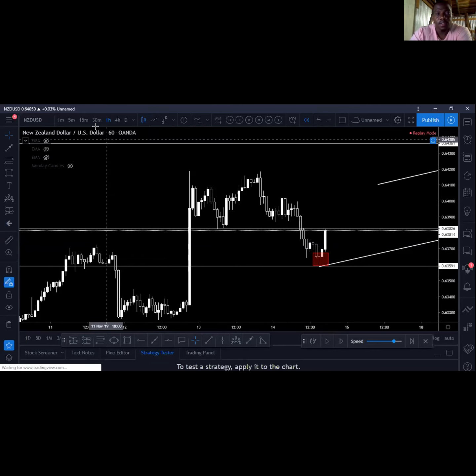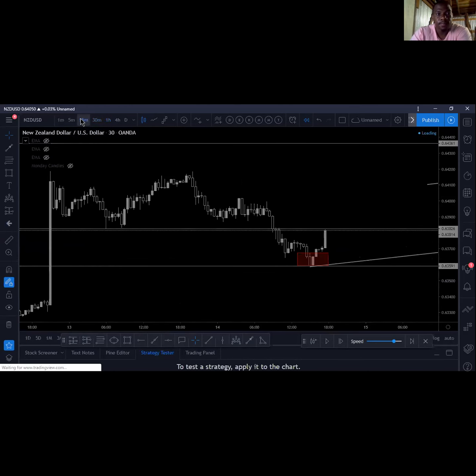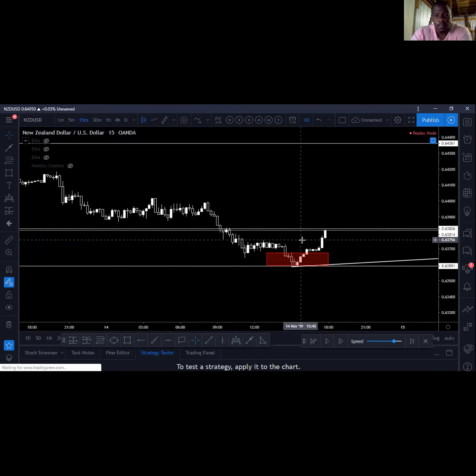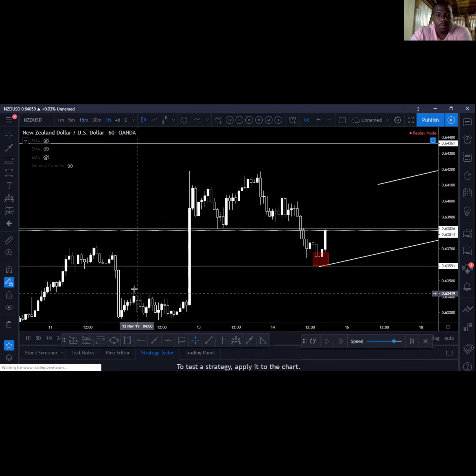So let me just drop down to the M30 or M15. You will get a nice little zone with some candles in it, and you will see one candle breaking out of that zone or into that zone. A better example would be over here.